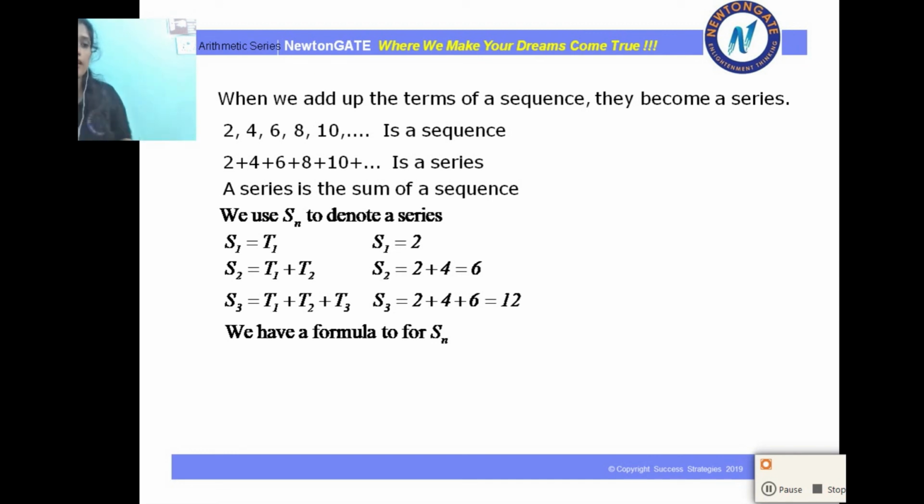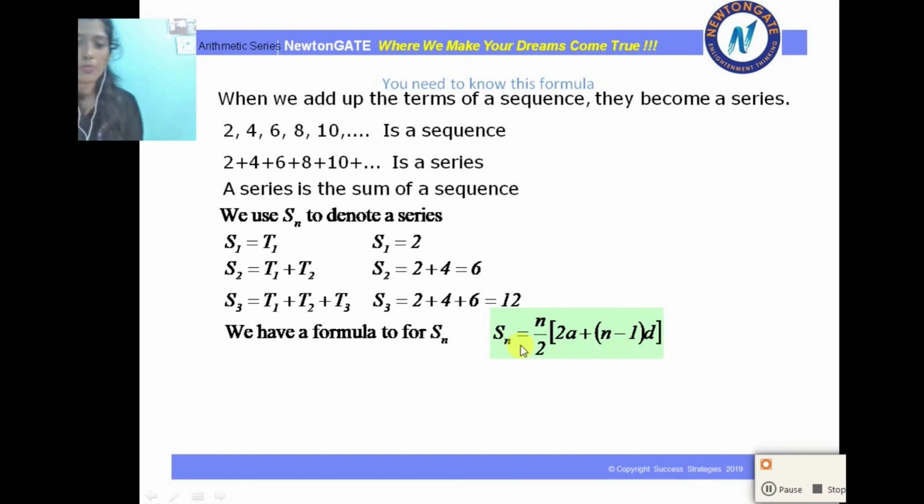The second formula is for Sn, which is n by 2 bracket 2a plus n minus 1 d. This is very important. This is the second important formula for our arithmetic progression. So this is the formula we need to know.